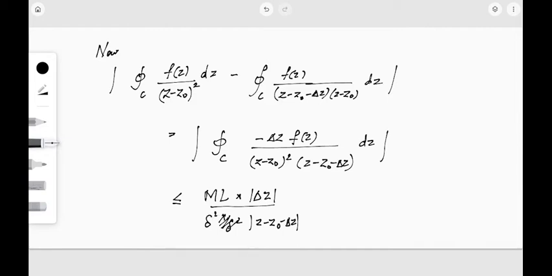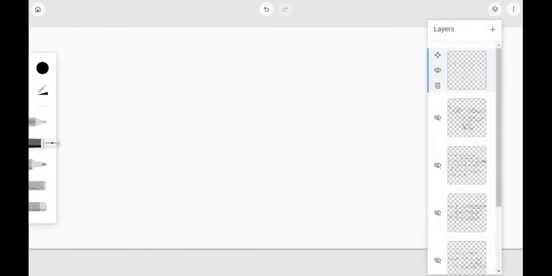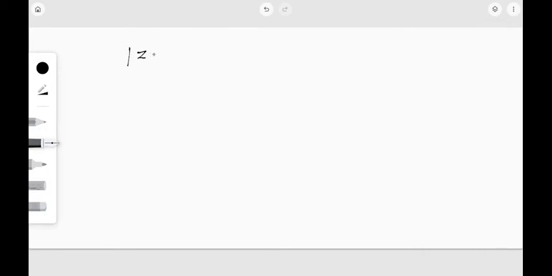Now let's just see what will be this modulus also. Now how can we do that? Let me just show it to you guys. That is modulus of z minus z dot minus delta z. This I can write, this is greater than or equal to modulus of mod z minus z dot minus mod delta z, right?